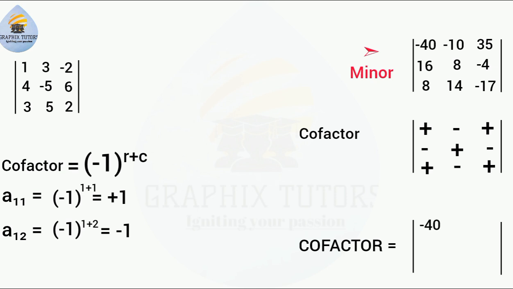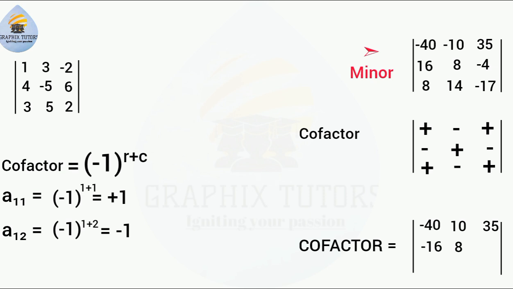The next one is -10 times minus, which gives +10. The next one is plus, so we are still left with 35. Next is 16. Minus times 16 will give you -16. Then plus times 8 will give you 8.